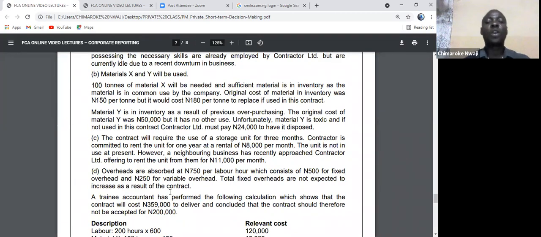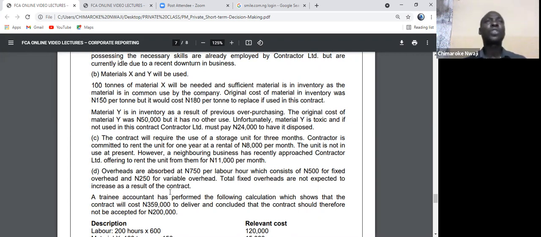Overheads are absorbed at 750 naira per labor hour, which consists of 500 naira for fixed overhead and 250 for variable. Total fixed overheads are not expected to increase as a result of the contract. Now, something about fixed cost is whether you produce nothing, you produce little, or you produce at capacity, your fixed cost remains the same. This question says your fixed cost is not going to increase as a result of this contract.